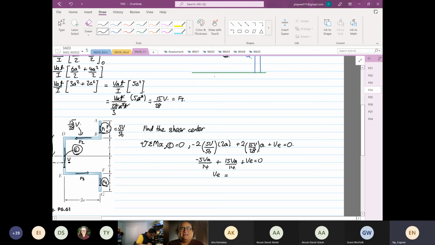Finally, Ve is equal to minus 5 over 14 plus 15 over 14, which is 5 over 7. So minus 5 over 7. Yep, minus. So e, our shear center, is equal to minus 5 over 7V.